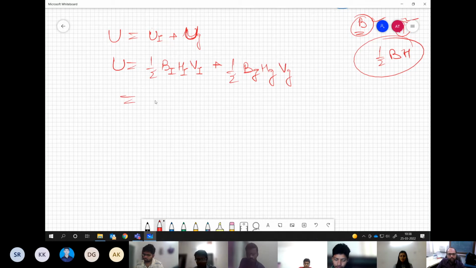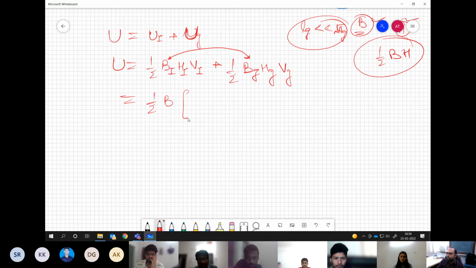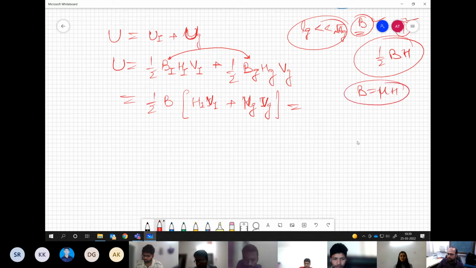Now, because we are talking about the same structure and the area is more or less uniform, and the air gap length Lg is maintained within this constraint, the flux density is more or less going to be the same. You agree with that? Yes, sir. Now we have Hi Vi plus Hg Vg. So again, B equals mu H is applicable everywhere.